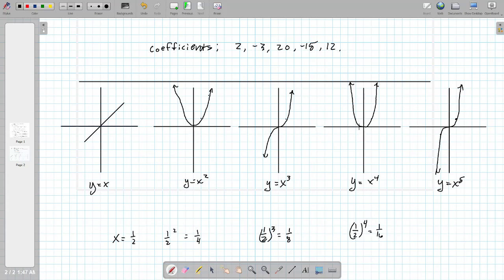So at 1/2, this y value should be 1/16 here, but only 1/4 here. Similarly here, for x to the 5th, we take 1/2 to the 5th, then we get 1/32. So what that means is that the y value at 1/2 should be 1/32 versus x cubed, which would be 1/8.